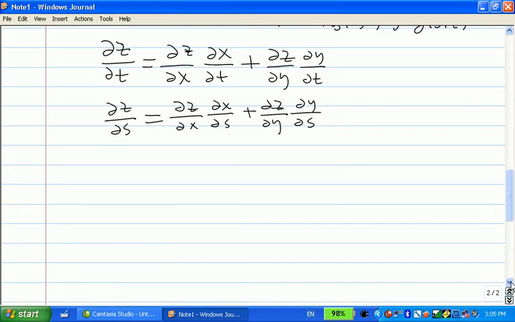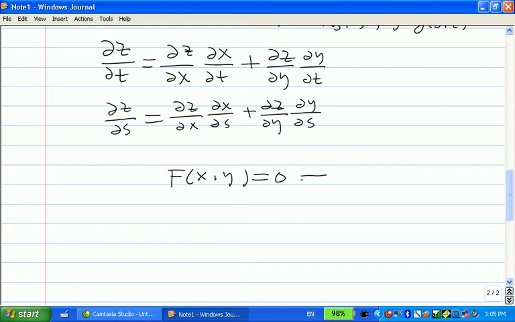Now, this chain rule can be used to find the differentiation of an implicit function. For example, I have a function like this. Let me ask you, what is the graph of that?